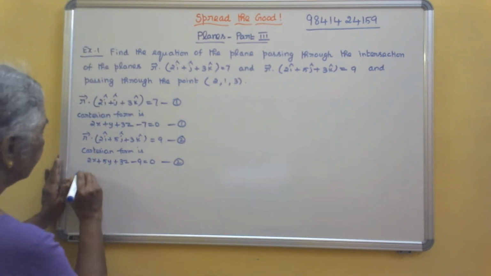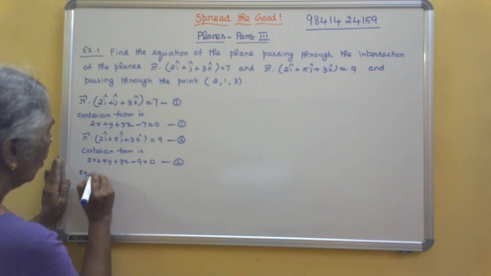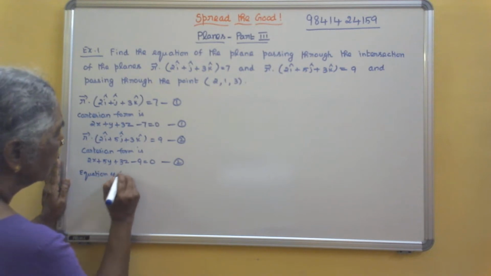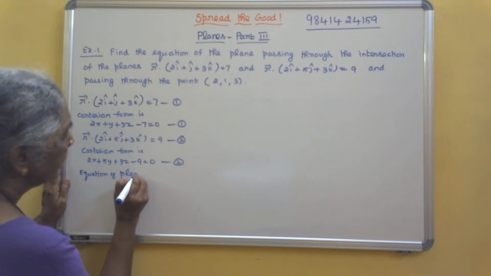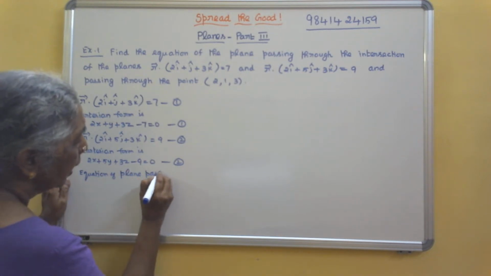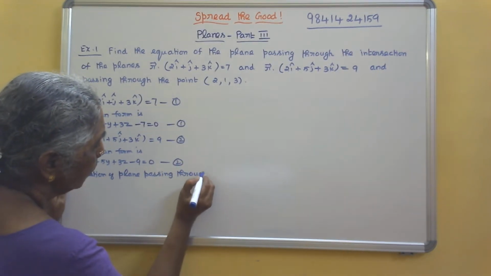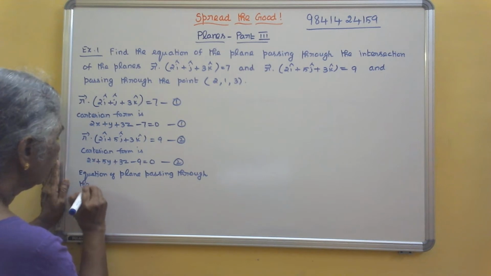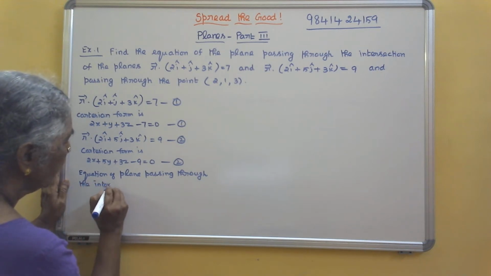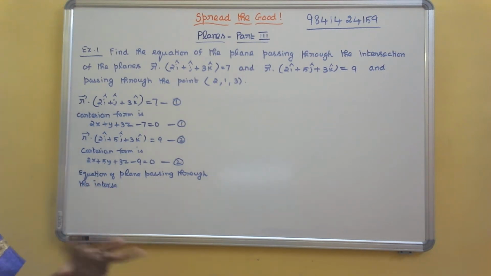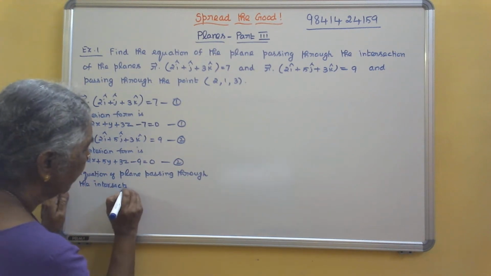So let us write equation of the plane passing through the intersection of, okay, passing through the intersection of, they can give intersection or line of intersection, both are same.